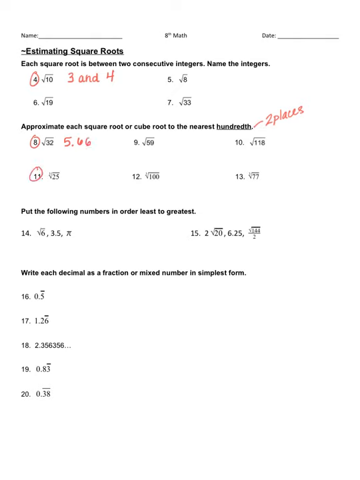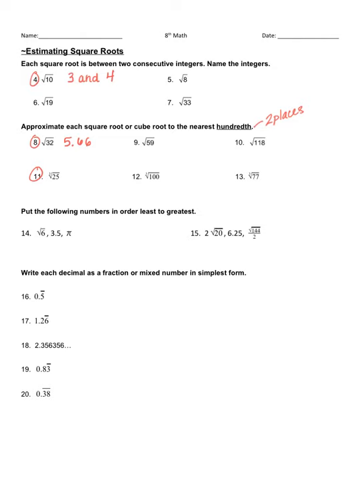Let's do a cube root. Let's do number 11, the cube root of 25. If I do that in the calculator, then I'm going to get... whoops, I turned my calculator off. Cube root of 25.